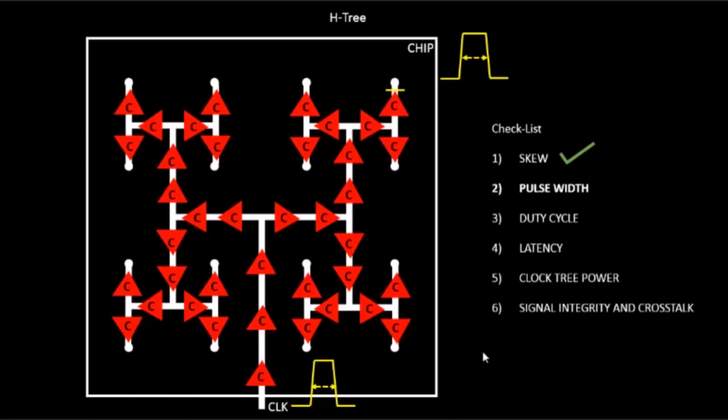All these techniques are there, but right now what we have seen is that we have a solution for the pulse width check, and the check is met. So we put a green tick over here.